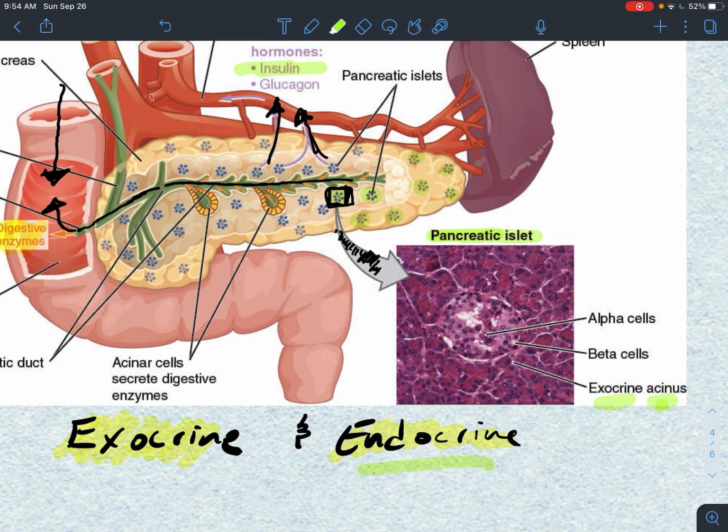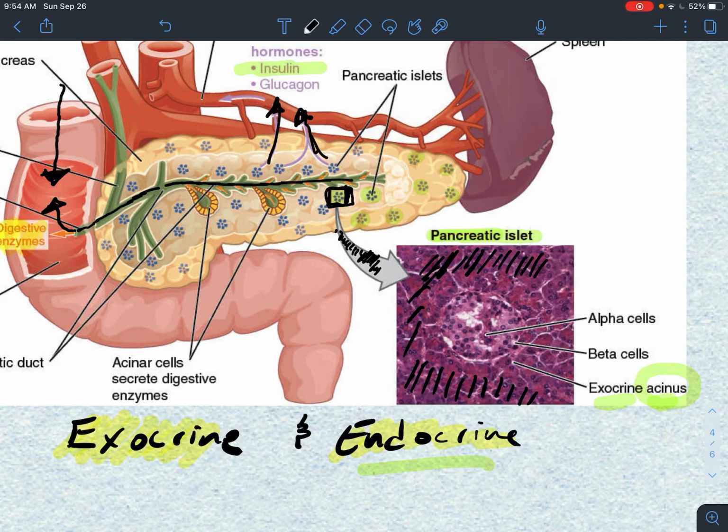Acini is the plural, acinus is the singular. The exocrine acini, which are most of what you see here. So all of this is the exocrine part that is making those digestive enzymes that need to go to the duodenum to break down our food.